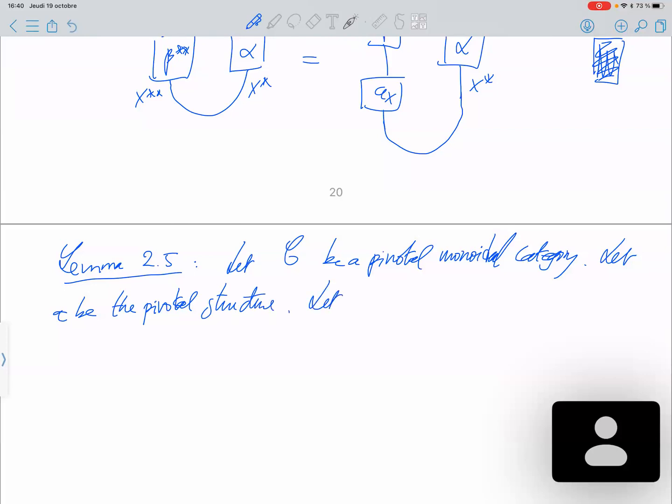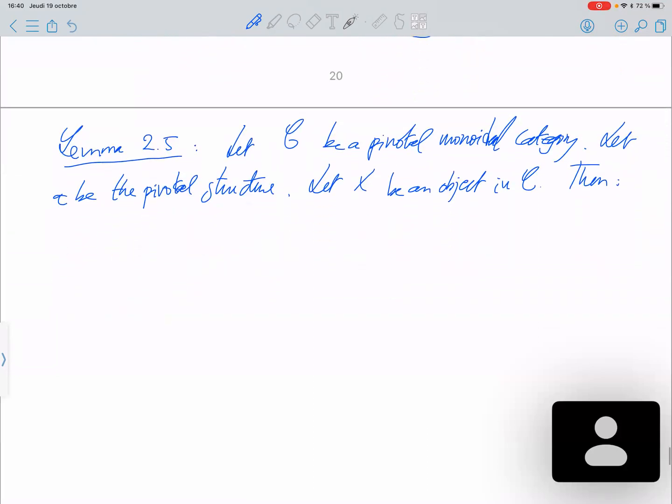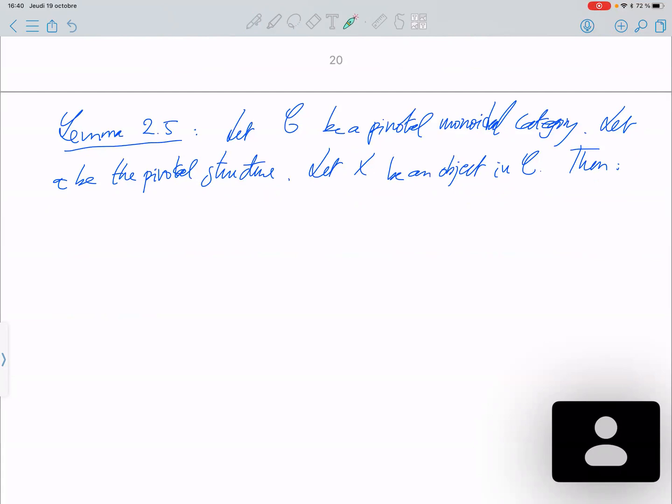Let X be an object in C. Then you have these two equalities of pictures involving the pivotal structure A. So A_X star is a morphism between X star and X triple star.